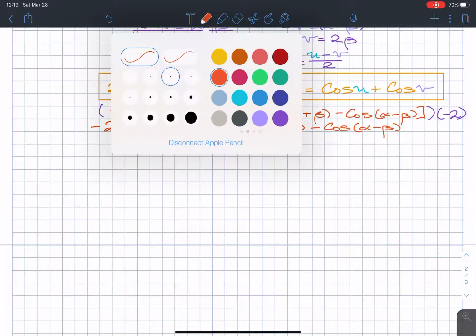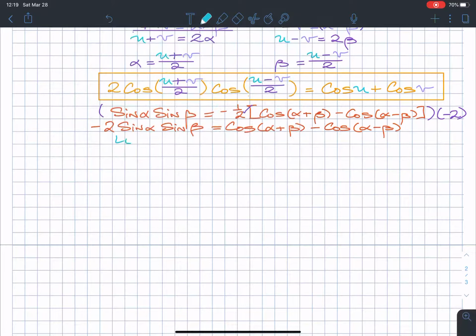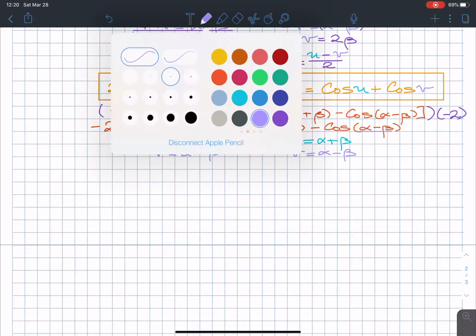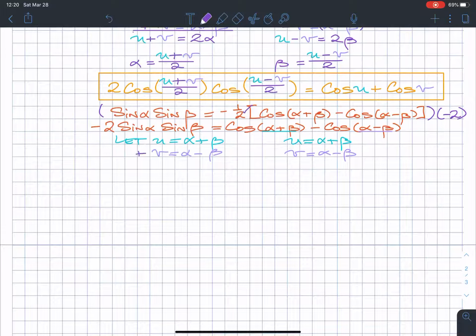And I will do the same substitutions. I'm going to let u be alpha plus beta, whereas v will be alpha minus beta. And I'm going to take their sum and difference. So on the left, I take their sum, and on the right, I'll take their difference.